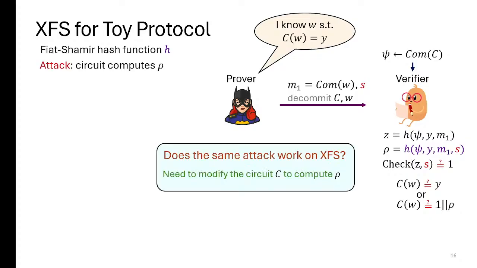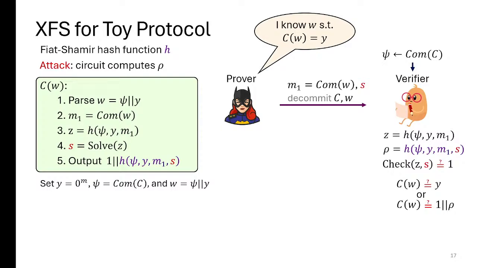So let's try to launch the same attack. So does this work on XFS? We want the circuit to compute rho in this attack, right? So trying to launch this attack would sort of look like this. So C of W parses W as psi and Y. This is sort of like we had before. It would compute the commitment.